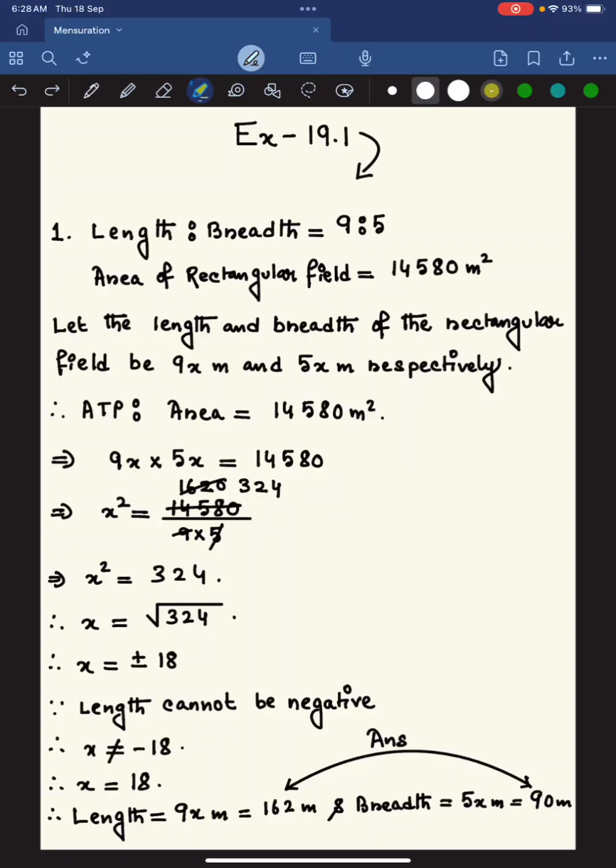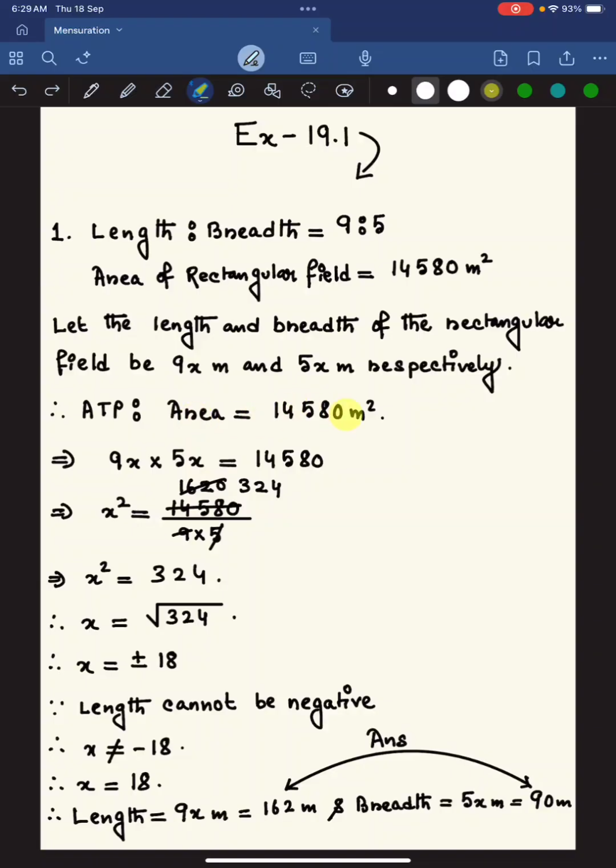Since they are given in the ratio 9:5, we assume the length and breadth of the rectangular field to be 9x meter and 5x meter respectively, and the area of the rectangular field is given as 14,580 meters square, right?